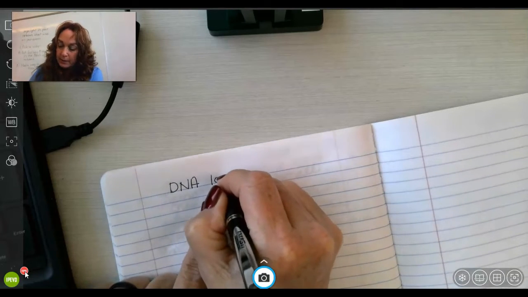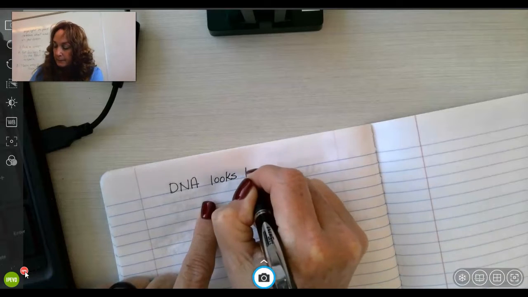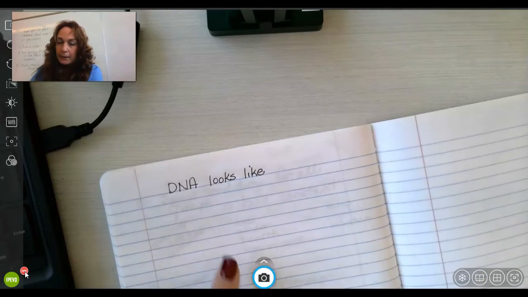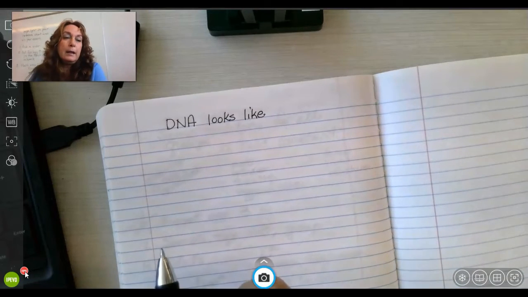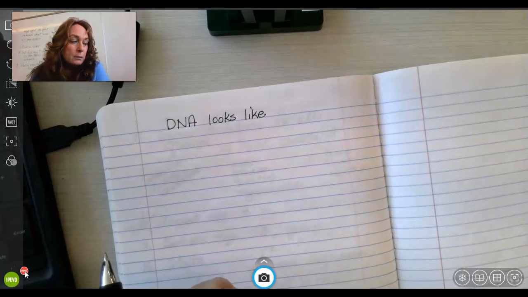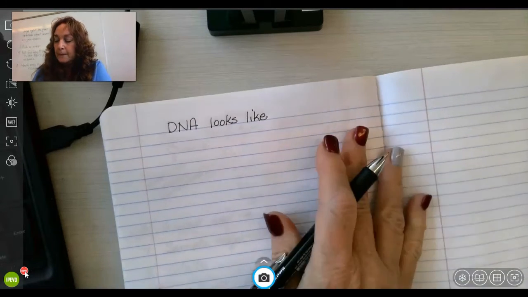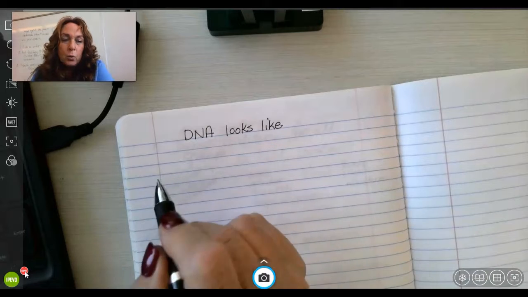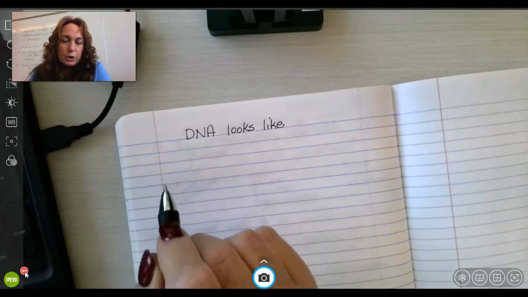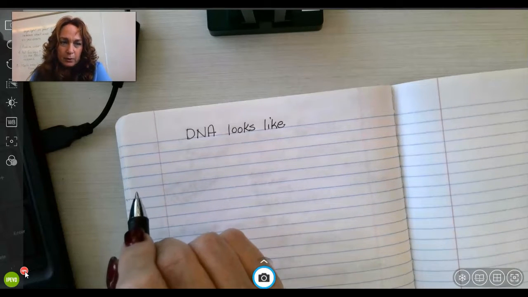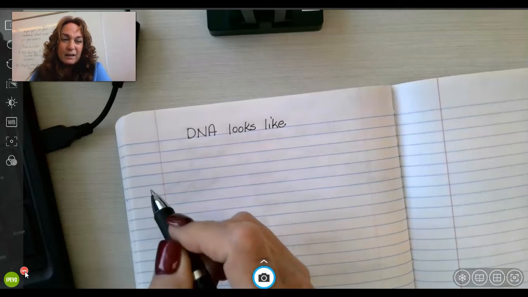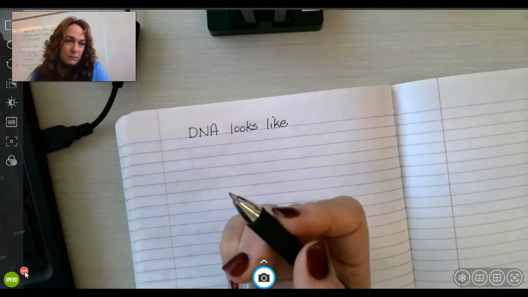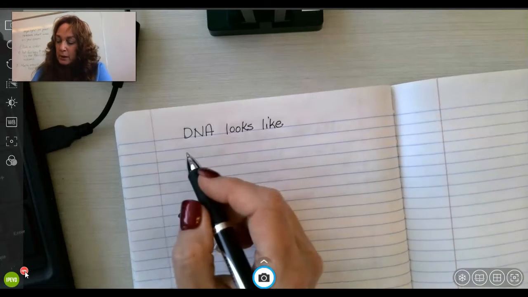So I'm just going to tell myself this is what it looks like. And I'm going to give you the way I draw, and then we'll see what you think. So the way that the sugar looks, which is the directionality of the molecule, it looks like a little house with a chimney. That's just the way it actually looks.